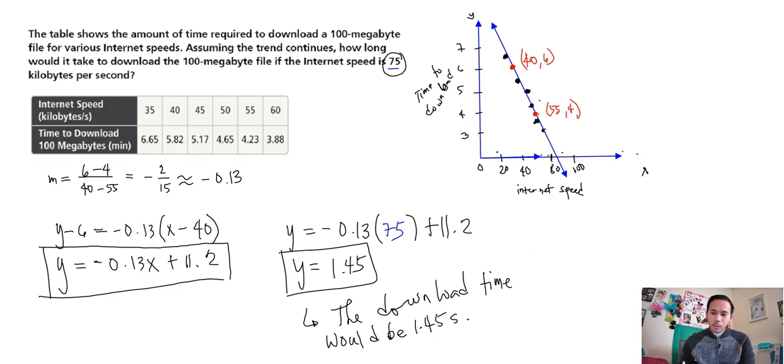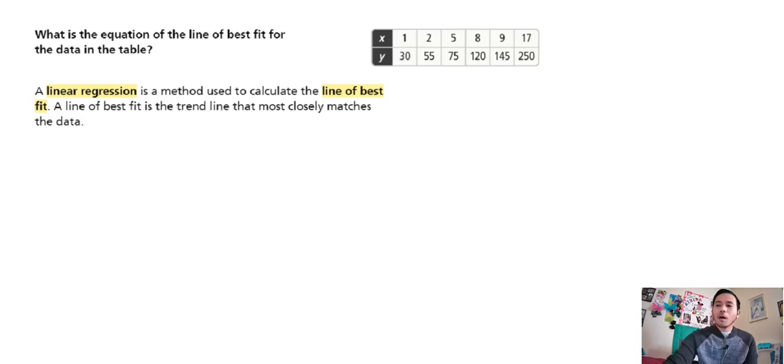The first part here is that we are going to find the line of best fit, and of course we'll be using a table again. Now let's proceed with this first example. What is the equation of a line of best fit for the data in the table? So this is the table.